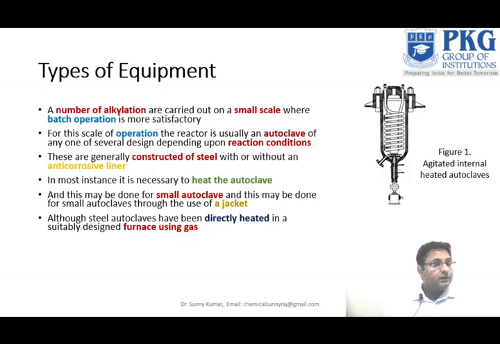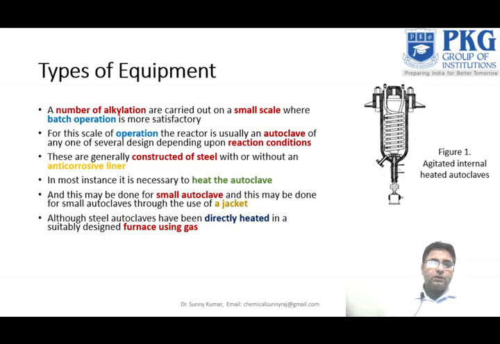If the thermal conductivity of the material is not good, for example if you are using plastic instead of steel, the thermal conductivity will be very low, so the heat transfer will be very low, and the energy requirement will be more. So steel will be a very good material for designing the equipment.